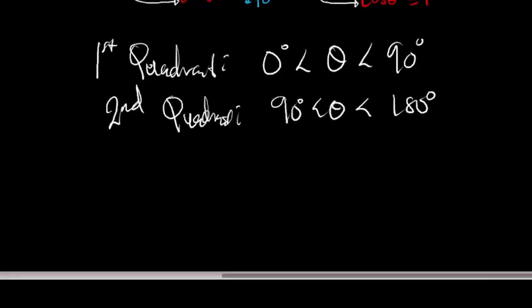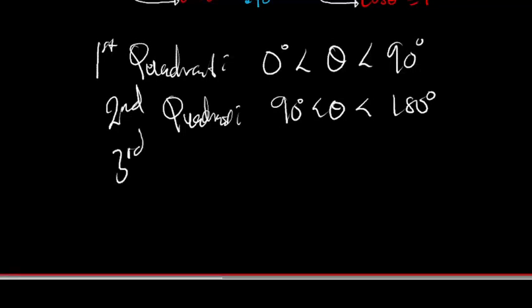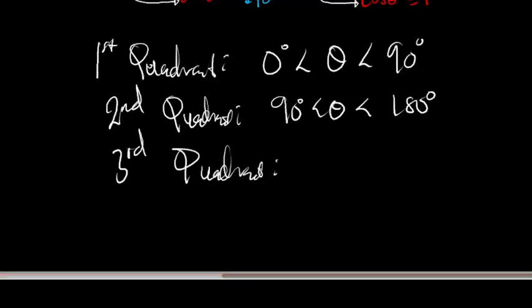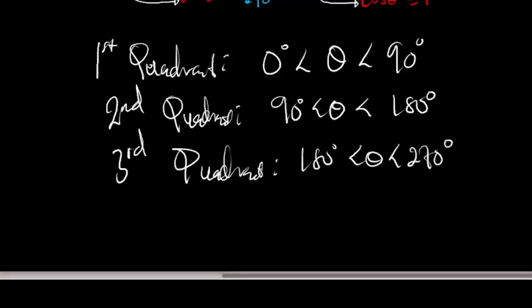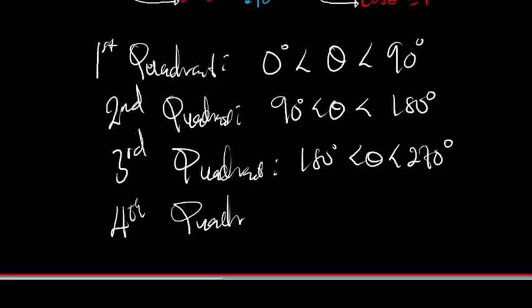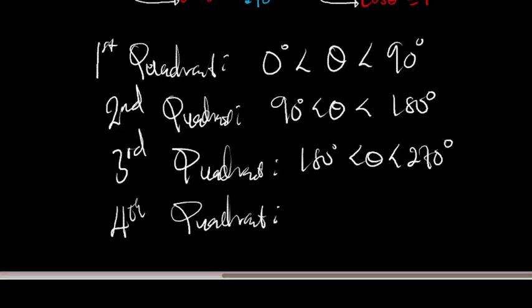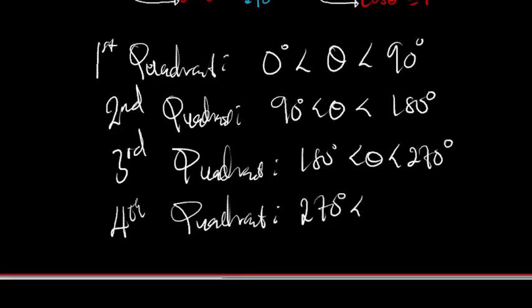And the third quadrant is between 180 degree to 270 degree. And the fourth quadrant is between 270 degree to 360 degree.